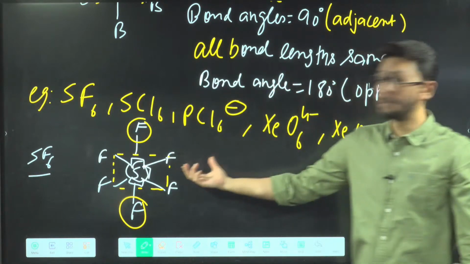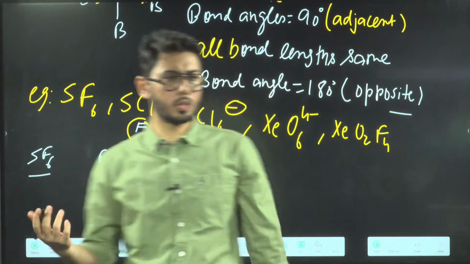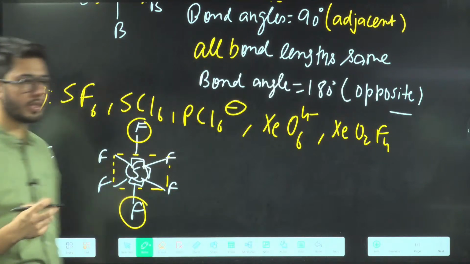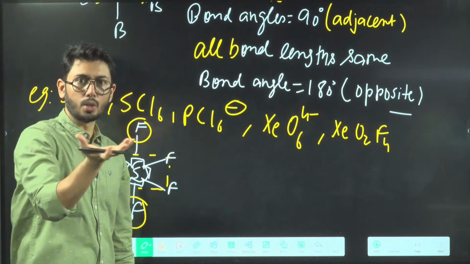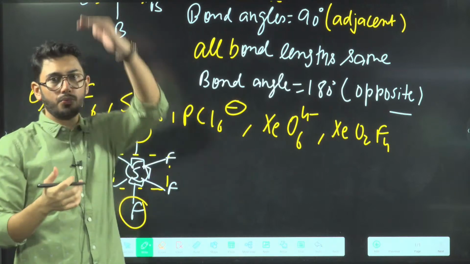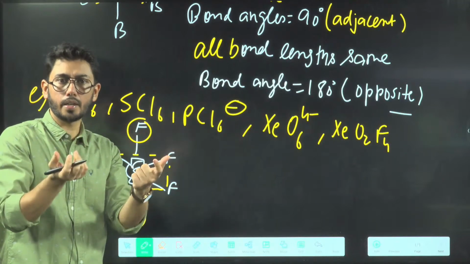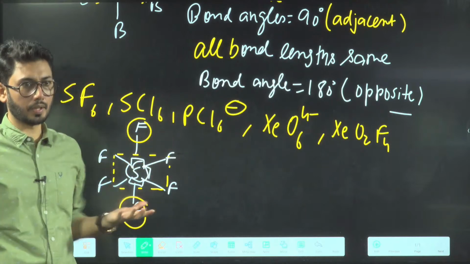How many 90 degree bond angles are there in octahedral geometry? Sometimes these questions can be framed, and these are not difficult questions. You just have to quickly imagine the structure in front of you. Octahedral: 4 perpendicular, 4 below, and in the plane, square planar, all making 90 degree with respect to each other.